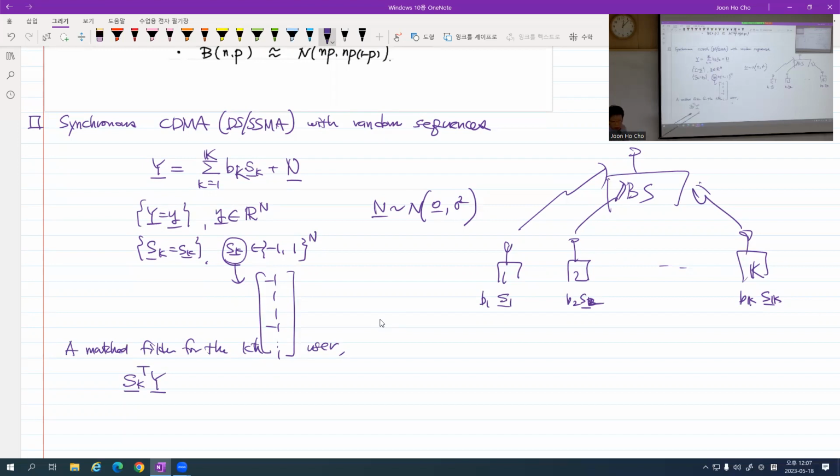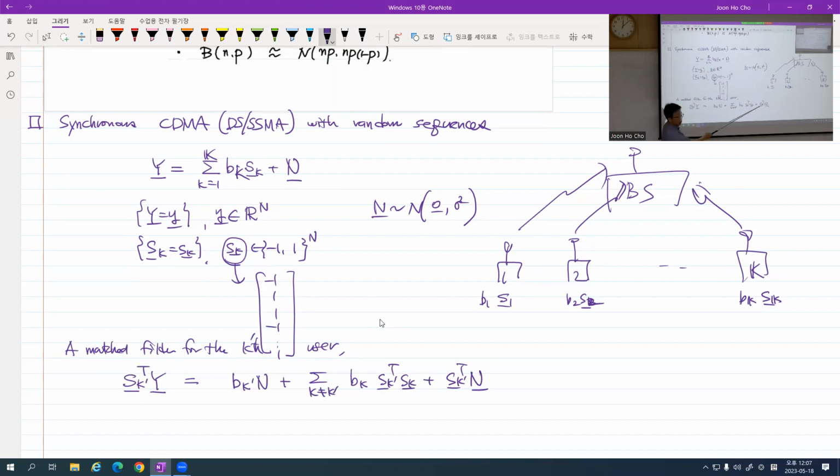And what is this output? So you multiply that one and find that b_k times n plus the sum over k prime of b_k' s_k' transpose s_k plus s_k transpose n.